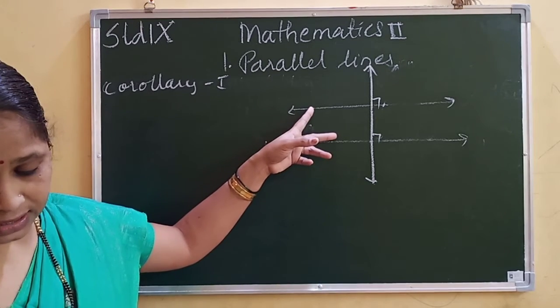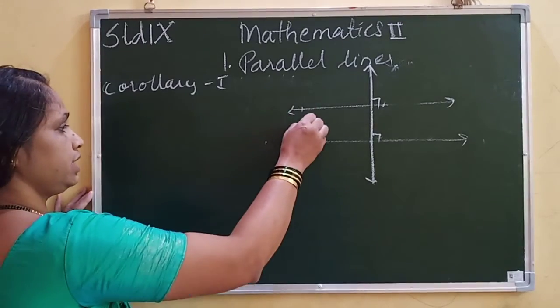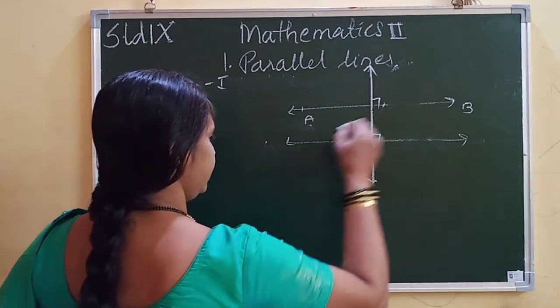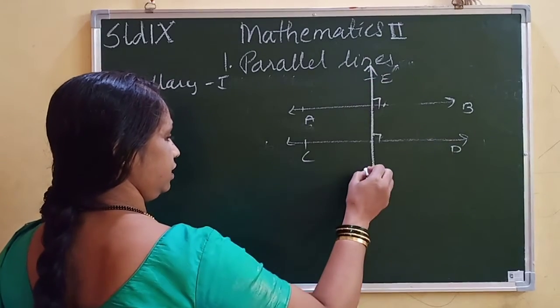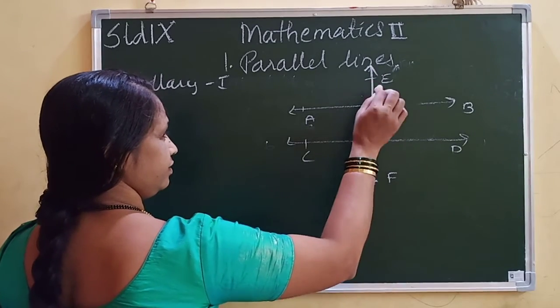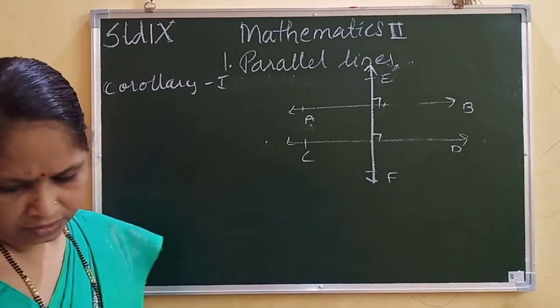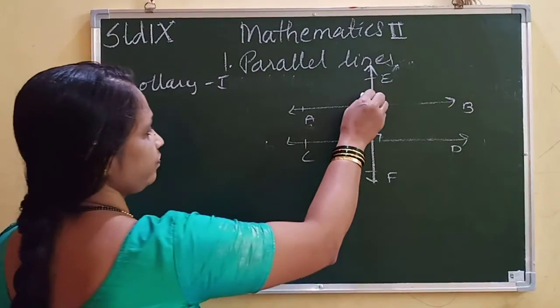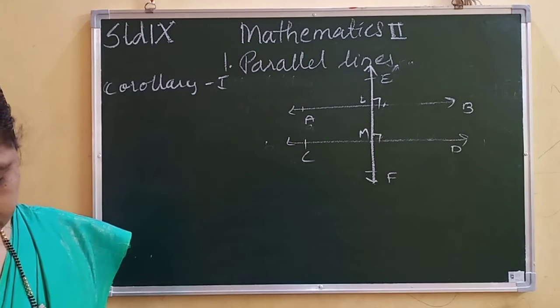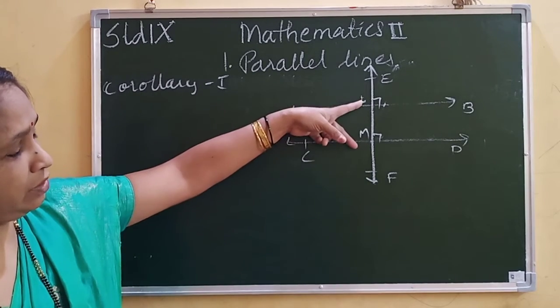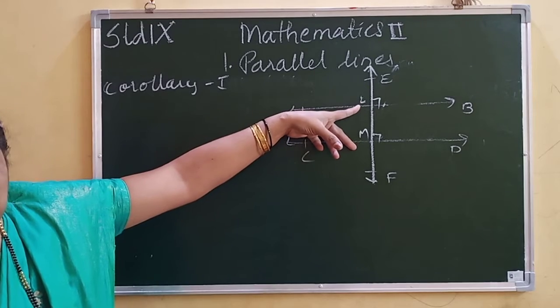Now these two lines we have considered. We give these lines names as AB and CD. This we give EF, and these points as L and M. Okay, so what it is telling, if it is perpendicular, then these two lines are parallel.